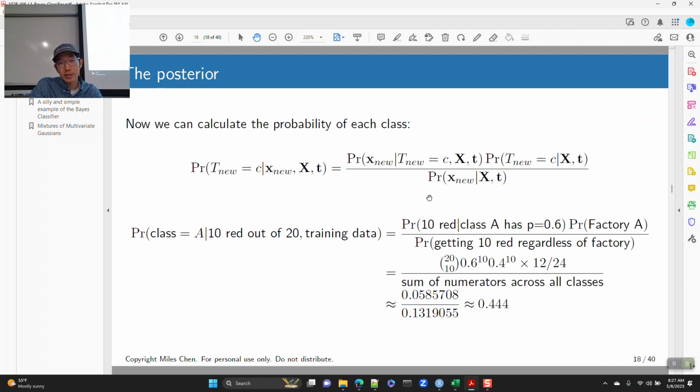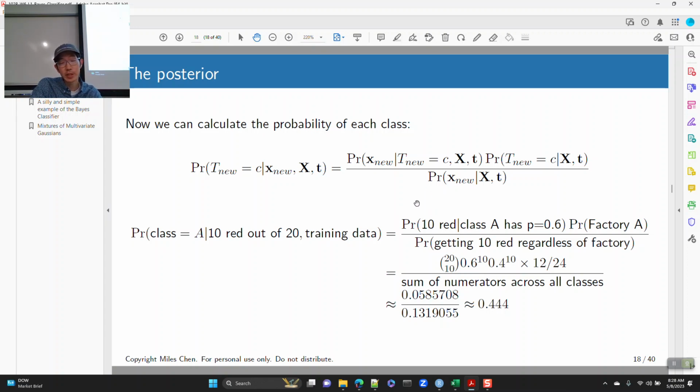Again, the breakdown is we have the likelihood of our data multiplied by the prior probability, divided by the marginal. What is the probability that our bag belongs to class A if inside the bag we have 10 red out of 20 marbles, given all of the other training data?